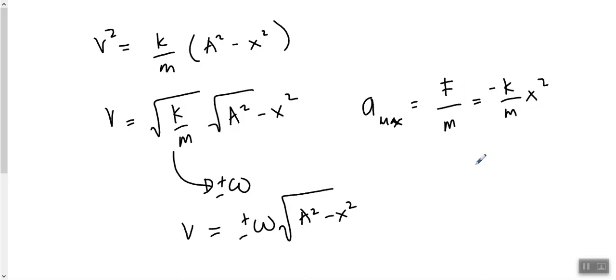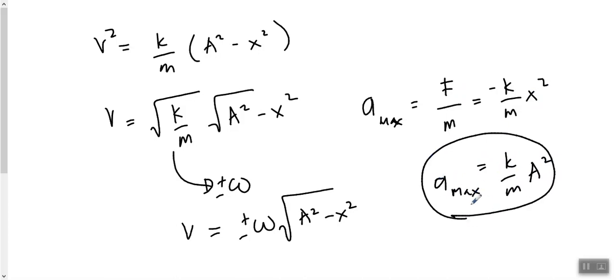So x, you could replace with a, giving k over m times a, so you could determine the maximum acceleration. This is the easiest way to get the acceleration, although there's another one too, which is 4 pi squared f squared times a. That's another equation to find the maximum acceleration. Those are the easier ones.